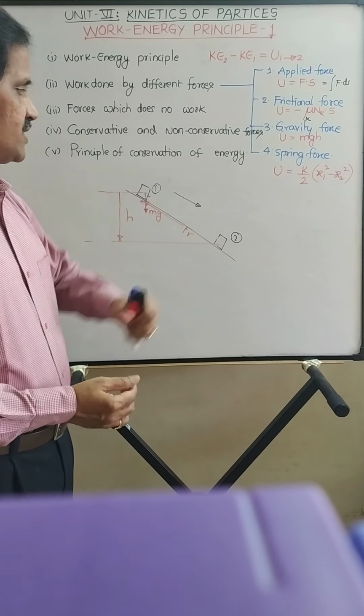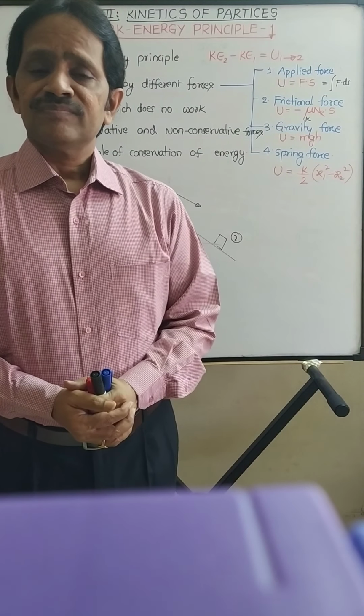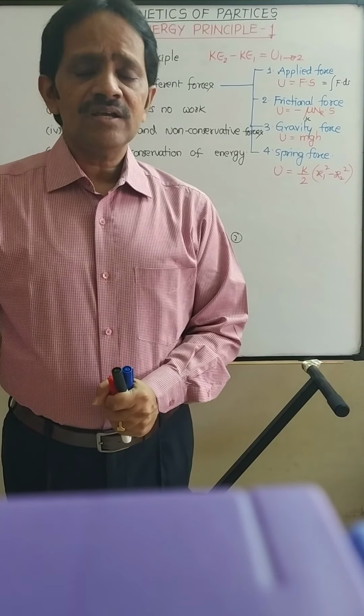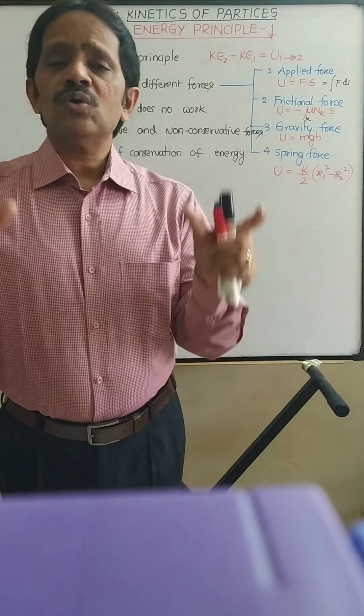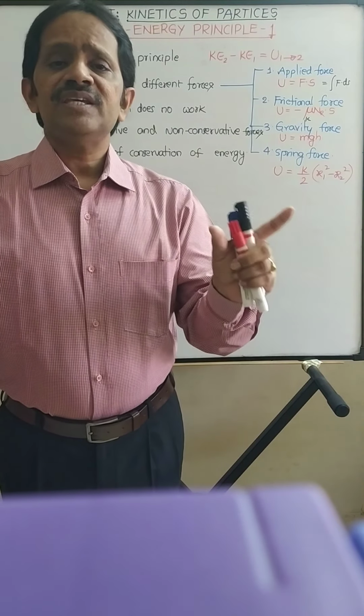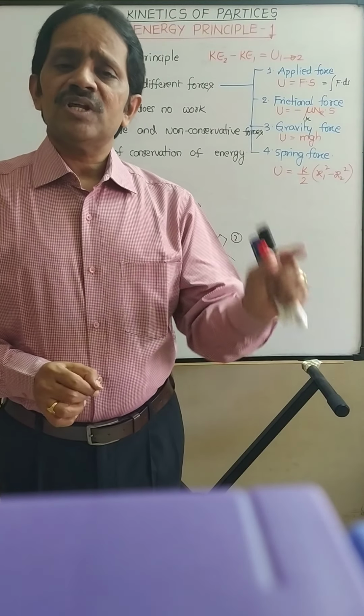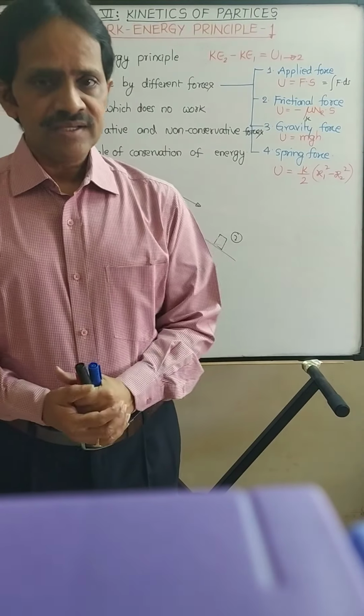Principle of conservation of energy. So what is the law of conservation of energy? Energy can neither be created nor destroyed. The total energy of the system remains constant. Here we are considering mainly the mechanical energy, that is the potential energy and kinetic energy.